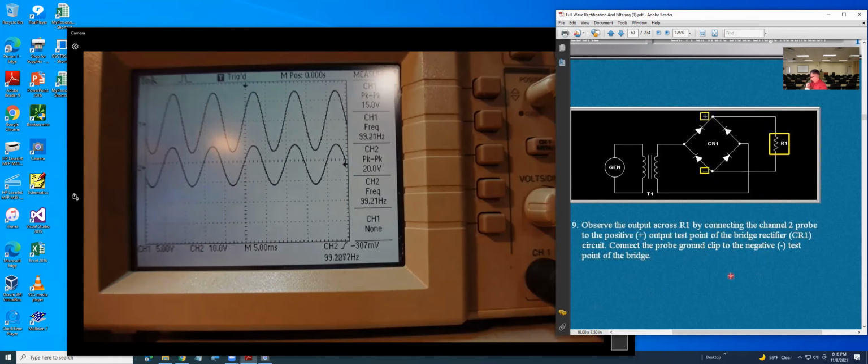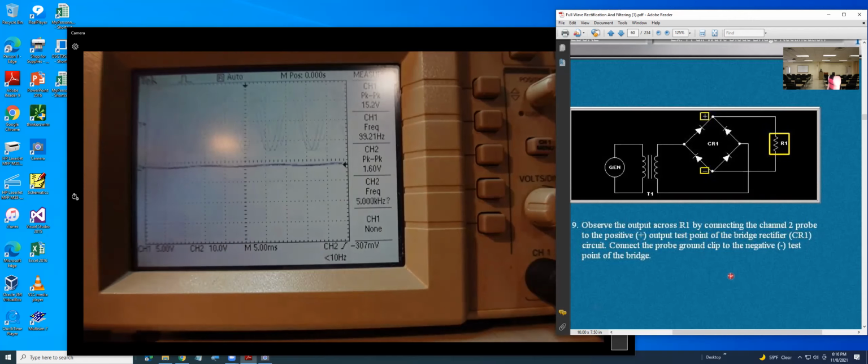Okay, let's see. I move this connection into the positive right here, and the negative of the scope probe into that one.